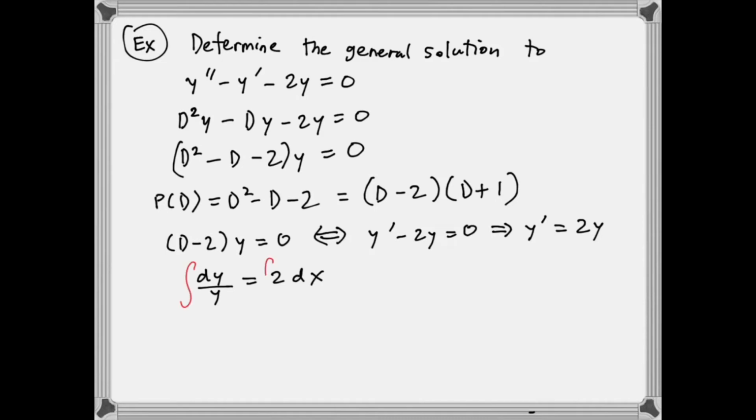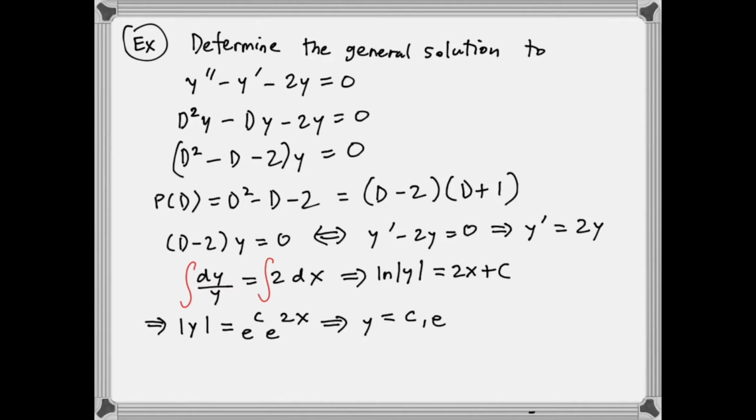We can really just integrate both sides here. And so this gives us ln|y| = 2x + c, which is the same as |y| = e^c e^(2x), or I can create a new constant and just write this as y = c1 e^(2x).